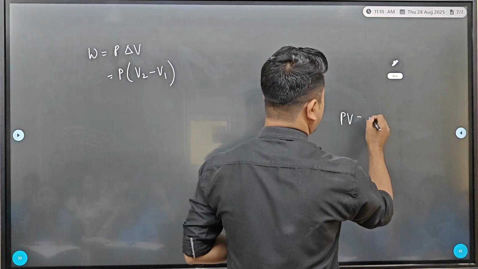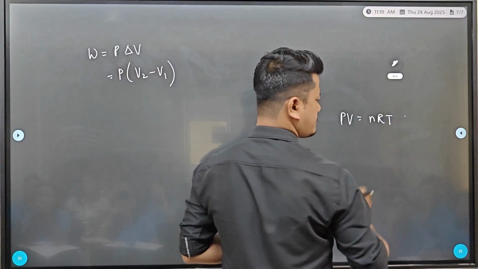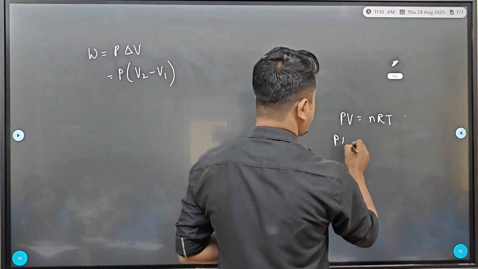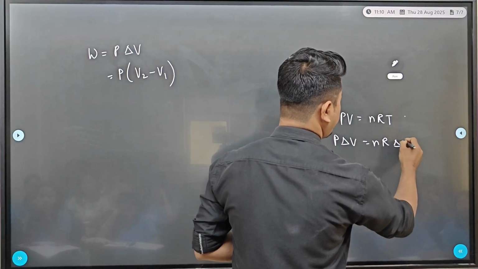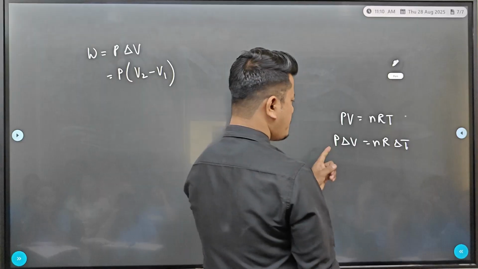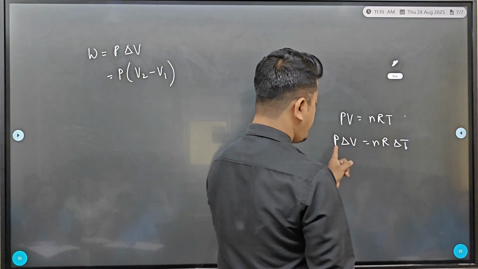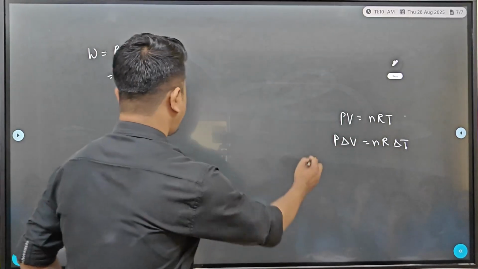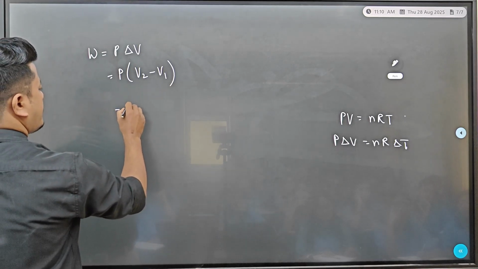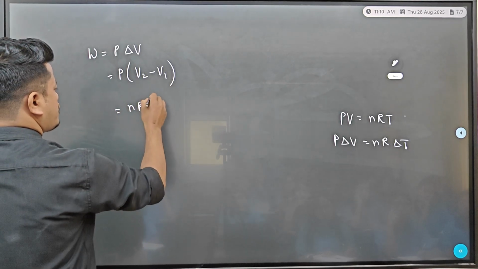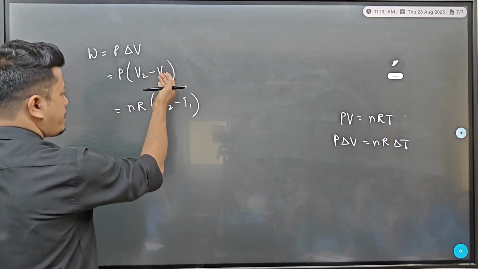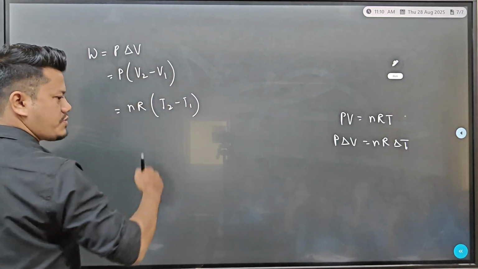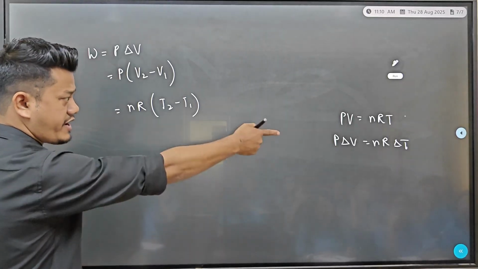We know very well PV equal to nRT. If I write over here change in volume, P del V, then I'll be getting here change in temperature, nR del T. P is constant here. So in place of P del V, can I write nR times V2 minus V1 as T2 minus T1, because V2 minus V1 is the change in volume and T2 minus T1 will be the change in temperature.